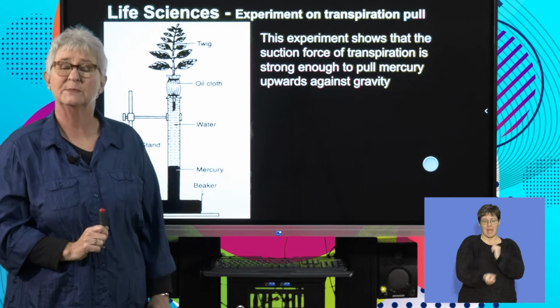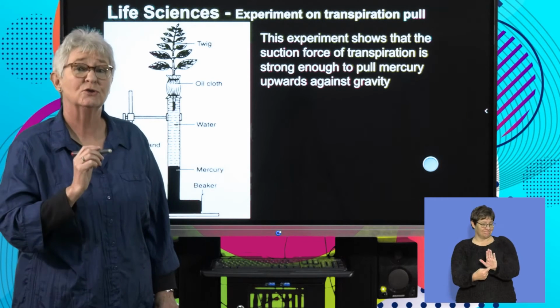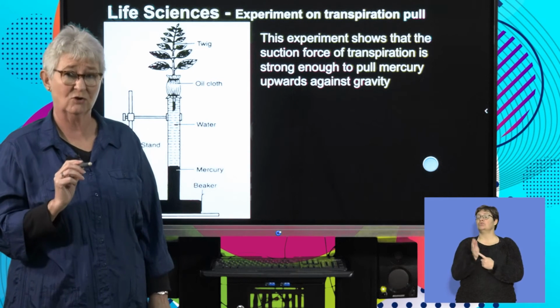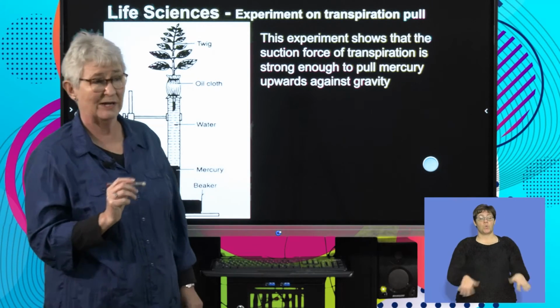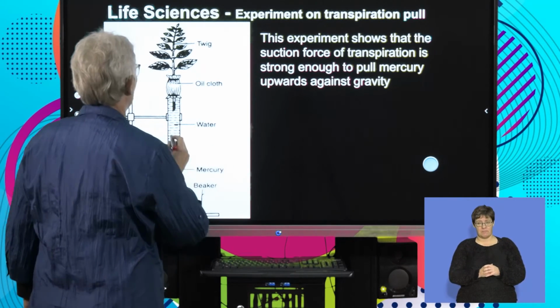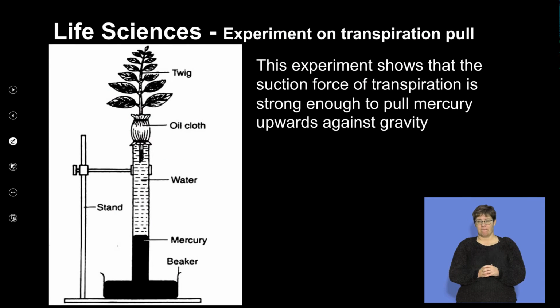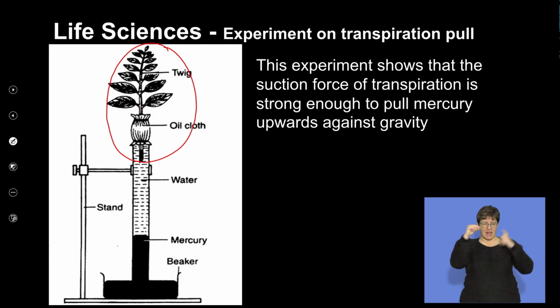And here's one experiment that is actually used to show how strong this transpiration pull, or the suction force of transpiration, can be. So what we have here is a plant with lots of leaves, so it can lose lots of water. It's set up in a watertight system.